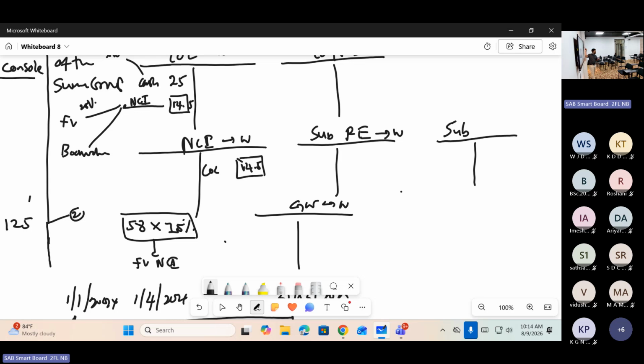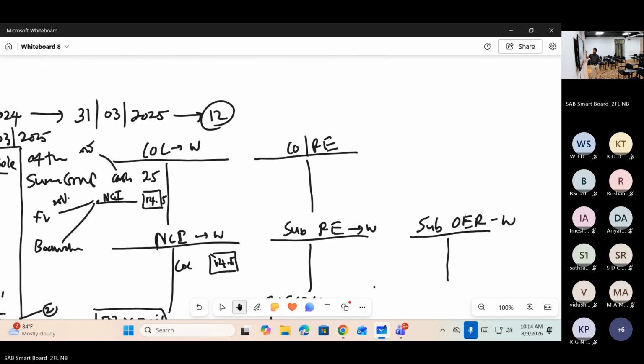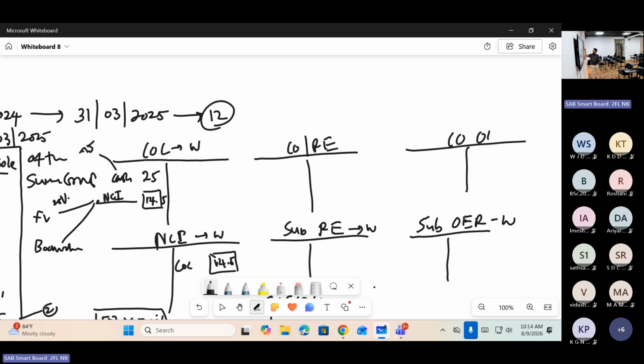Subsidiary other equity reserve account. Right? එහෙනම් තාම මොකක්ද වෙන්න ඕනද? Console other equity reserve account.